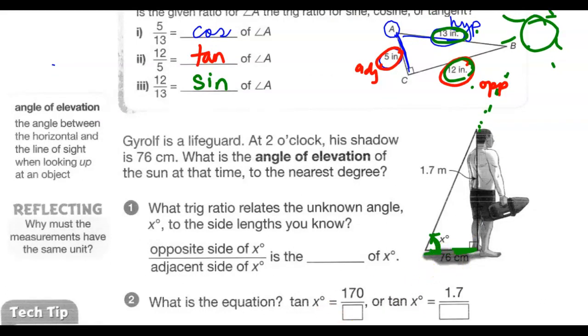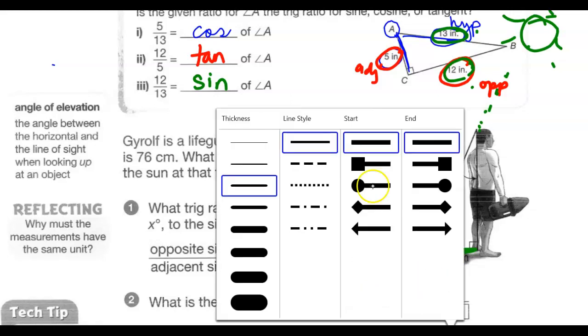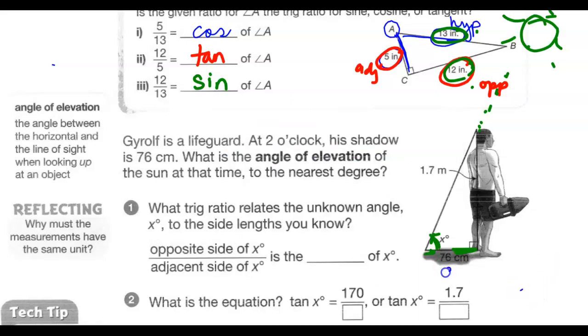We have 76, which is adjacent. So maybe I'll switch here to blue. This is the adjacent side to x, and this is the opposite side. This side here would be the hypotenuse, but we don't need it. Okay, so opposite of x over adjacent of x is tan of x.